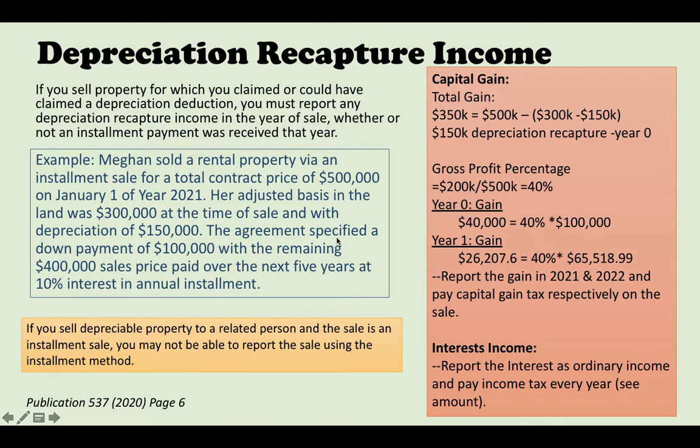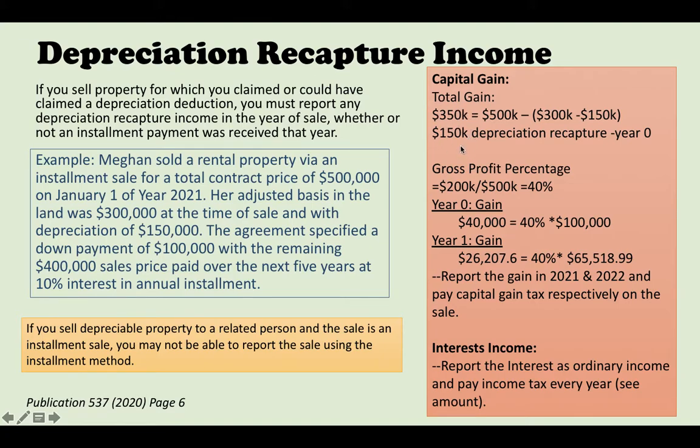So in this situation, let's see it again. Your gain will be the $500,000 sales price minus your adjusted basis, which is your basis minus the depreciation, giving a total gain of $350,000.